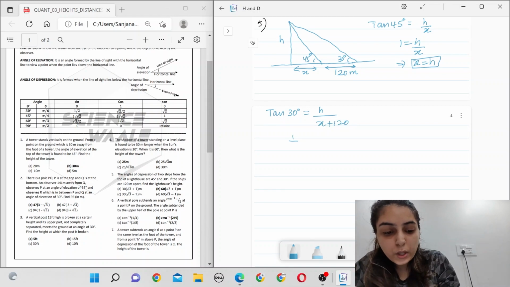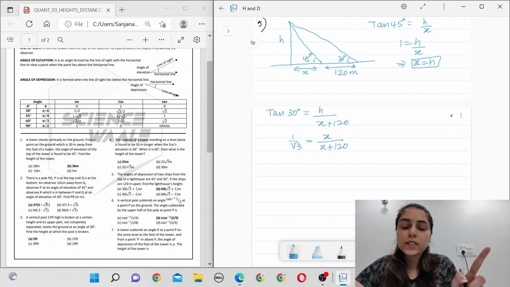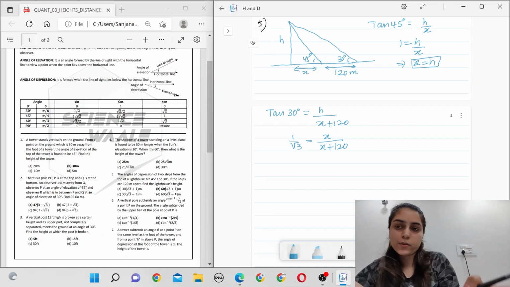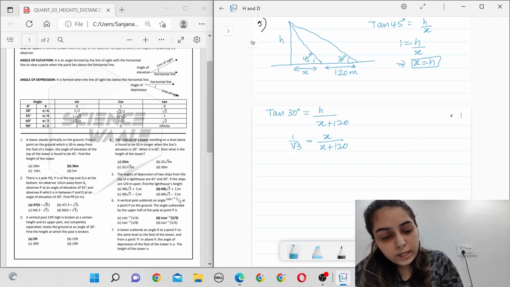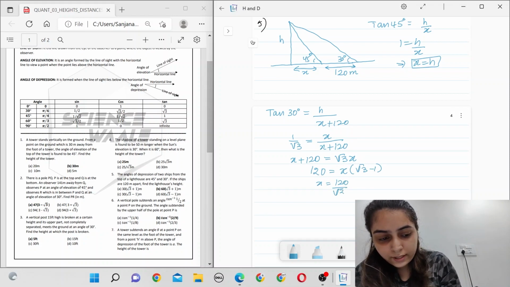Tan 30 is 1 by root 3, so 1 by root 3 is equal to x by x plus 120. I have replaced h by x because x is equal to h as we proved above. So x plus 120 is equal to root 3x. 120 is equal to x into root 3 minus 1. x is equal to 120 by root 3 minus 1. If we rationalize it, we have to multiply it by root 3 plus 1.